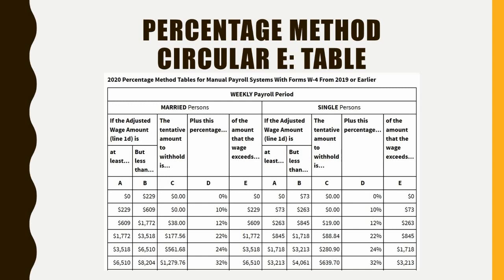And the $263 is how much the government allows you to keep. So we have C, E, and D: 19, 22, and $263.